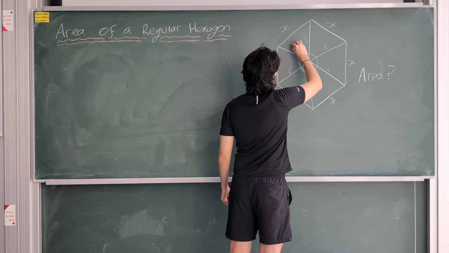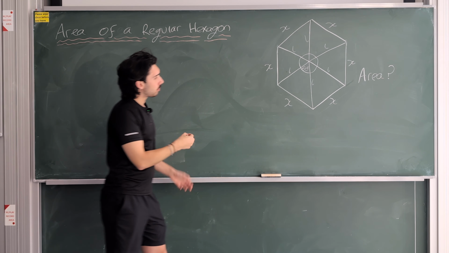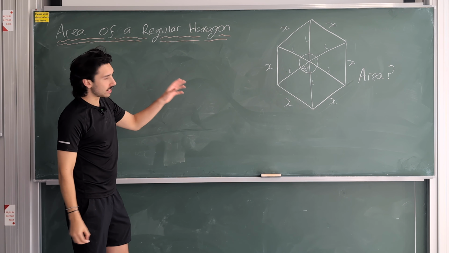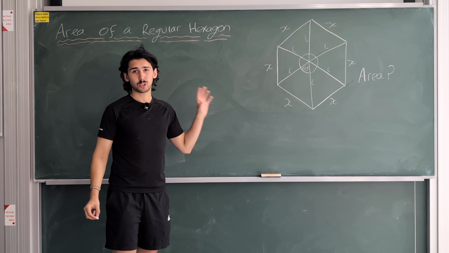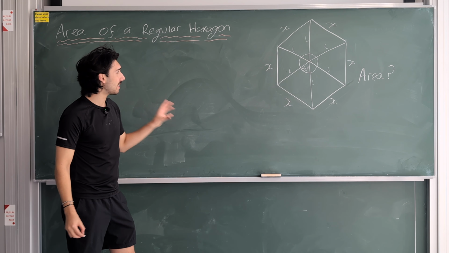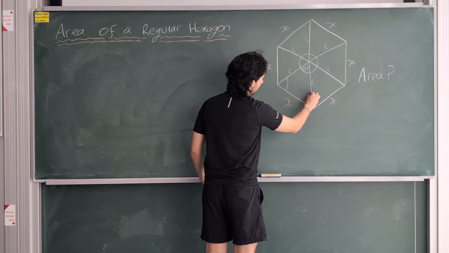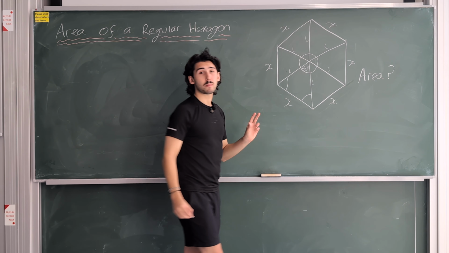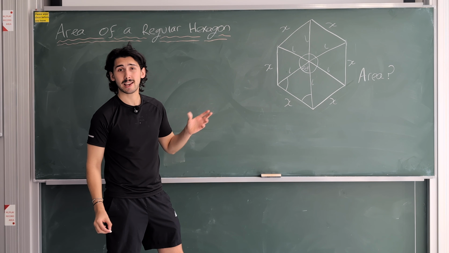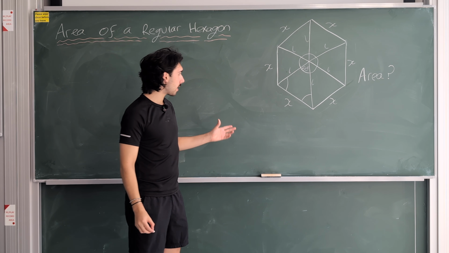Because the lengths are all the same as each other, all L, then it's definitely the case that each triangle is an isosceles triangle at the very least, which means that the 2 angles here for each triangle must be the same as each other, because that is true for isosceles triangles.